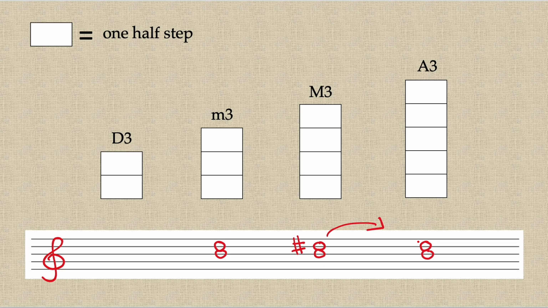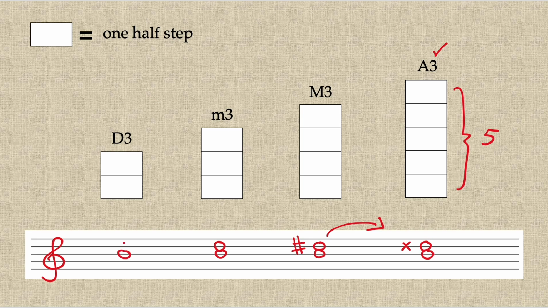So the D sharp becomes a D double sharp. This is a symbol for double sharp. B to D double sharp. B to D is still a third. B to D double sharp now has five half steps. That's why from B to D double sharp is an augmented third.